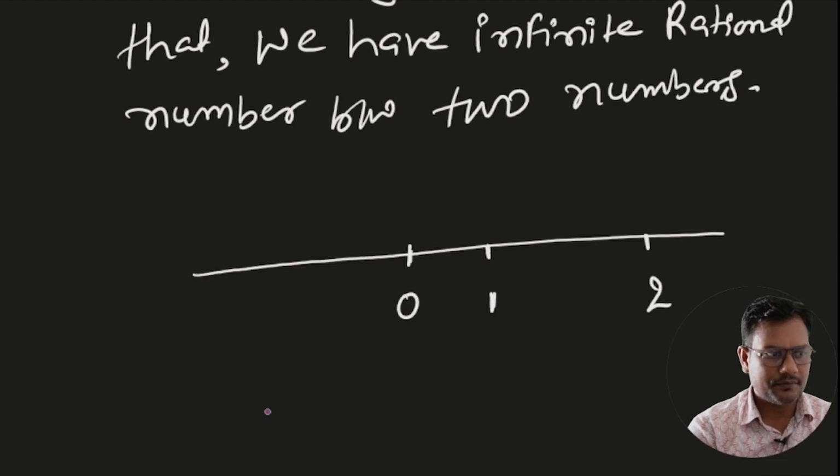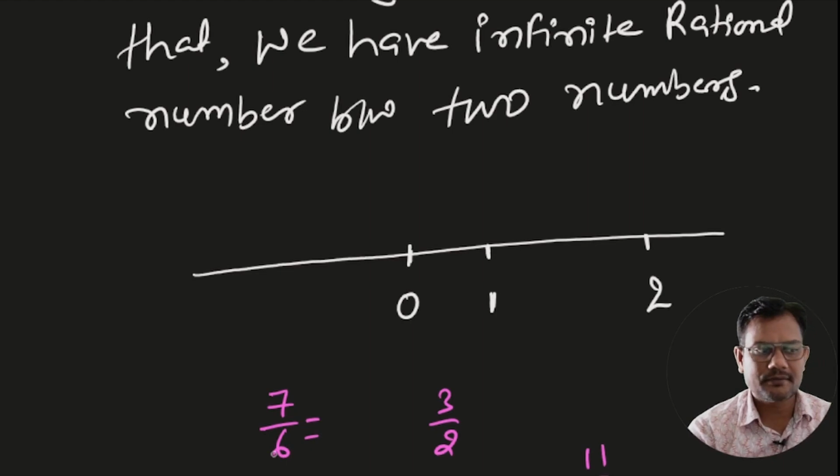We have observed 5 rational numbers: 7 by 6, 4 by 3, 3 by 2, 5 by 3, and the last one is 11 by 6. These 5 rational numbers we had found between 1 and 2.